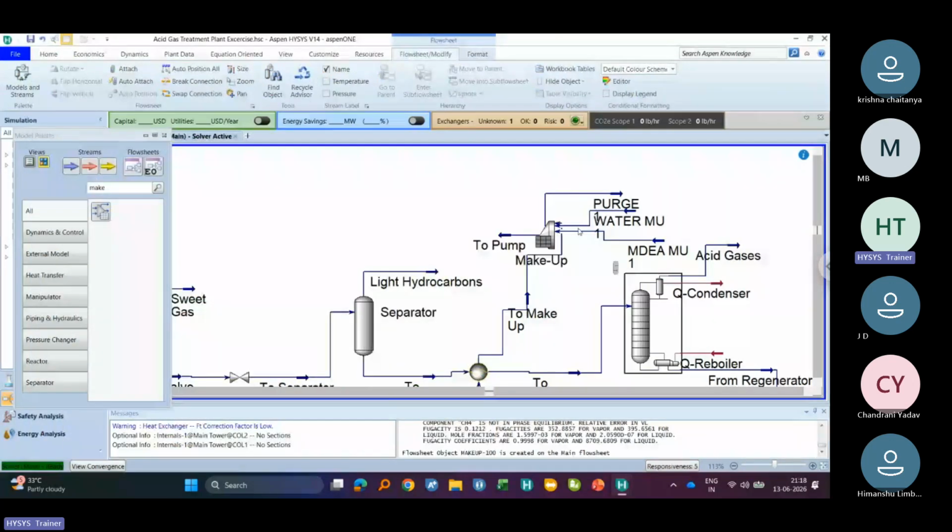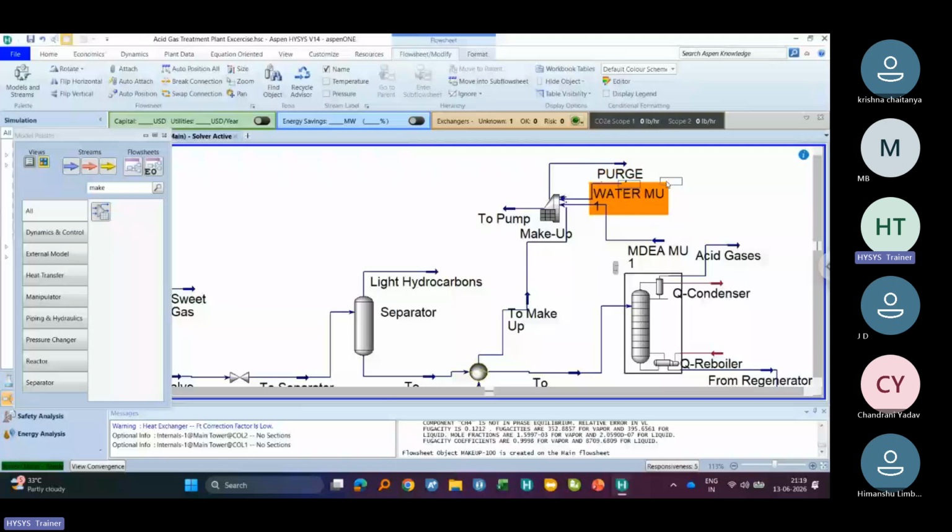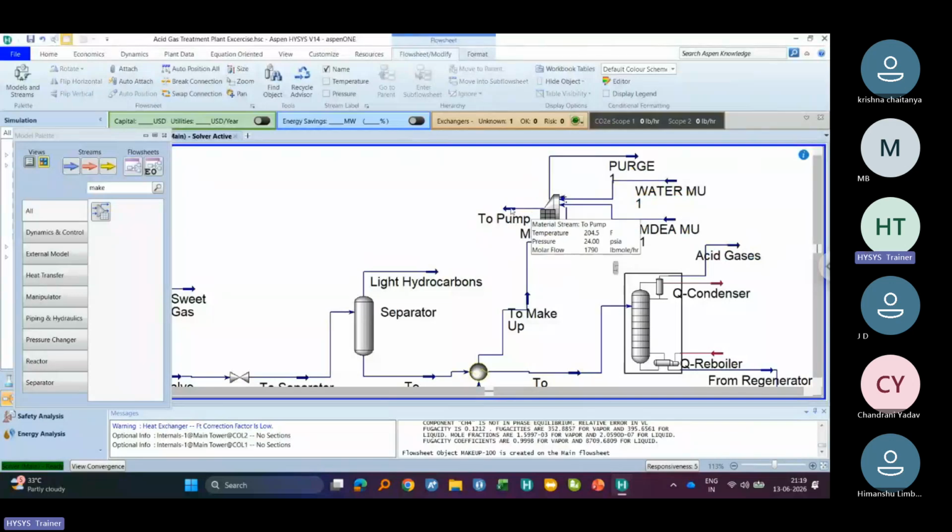So this is the precaution that you need to take whenever you are simulating this makeup block. Unless and until you are given any value, don't touch the defined value or the default value for that particular parameter. Now we will add a centrifugal pump.